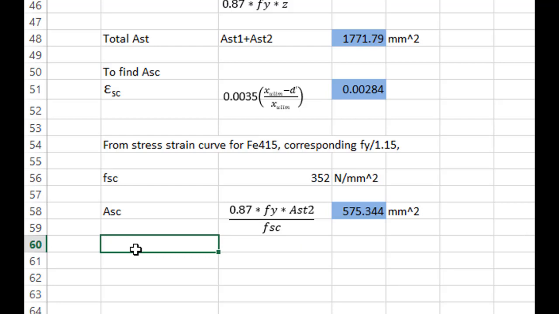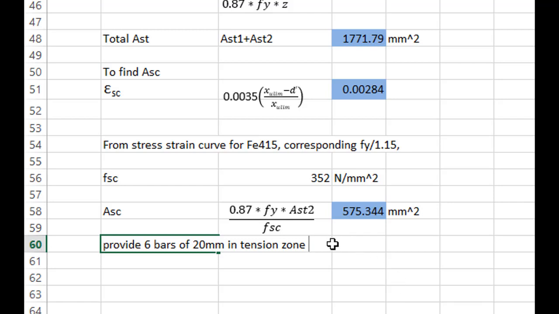Now what we can do is we can provide 6 bars of 20 mm dia in tension zone.